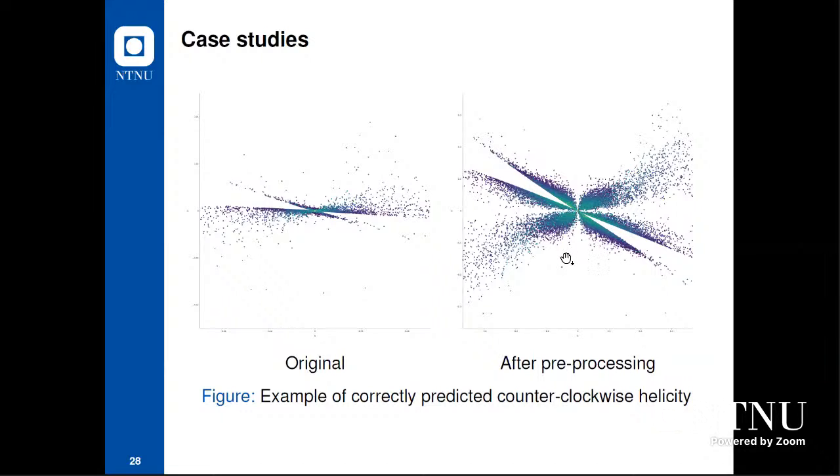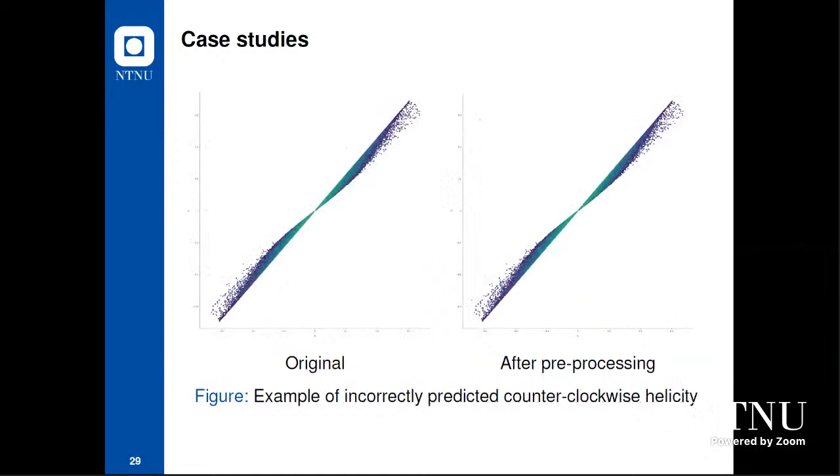Anyway, it is possible to notice that there are some features related to the counterclockwise helicity, for example, here and here. But I still don't know in which way the neural network has decided to classify this as counterclockwise helicity. To do this, it might be a good idea to use class activation maps, for example.